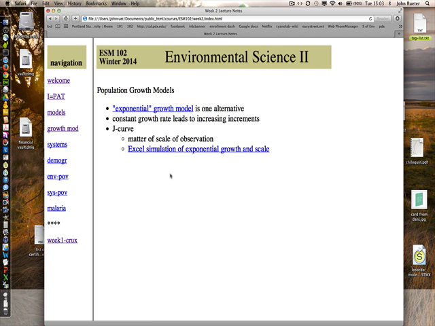And we're going to see that exponential growth is part of a population model that we're going to apply to look at humans.